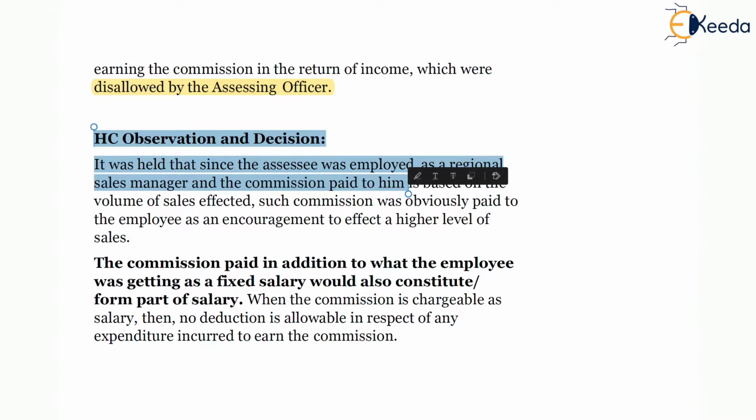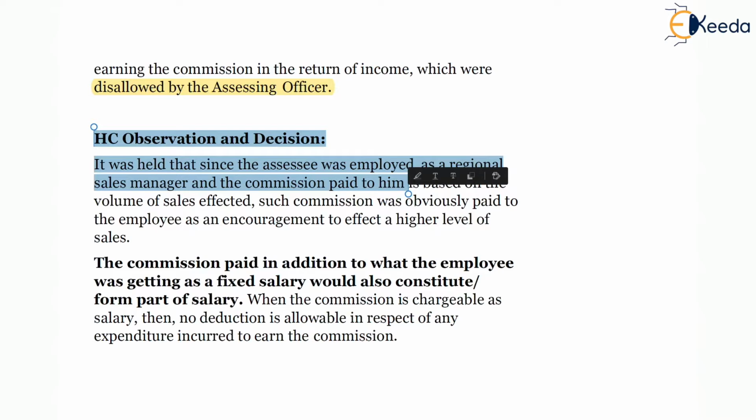So you can see, as far as deduction is concerned, the employee is allowed deduction as per section 16, and as per section 16 there is no mention of additional deduction of expenses incurred to earn that income. So if you see the provisions of income from salary, there will be no additional deduction allowed other than the deductions allowed under section 16.